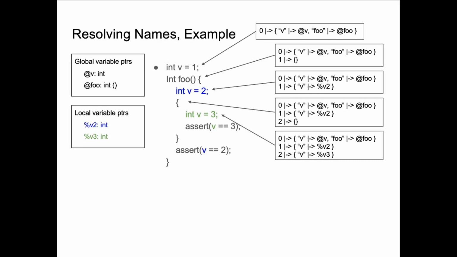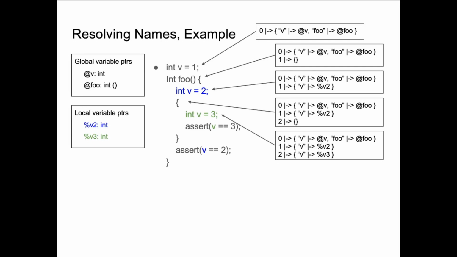The top level layer 2 now has a mapping from v to &v3. That means until this block is exited, v should mean &v3, that is just declared in this block.